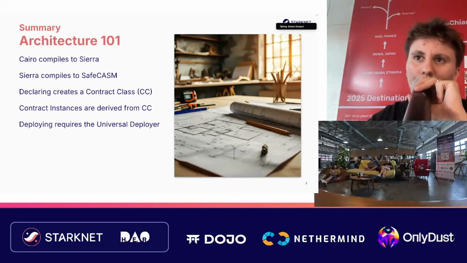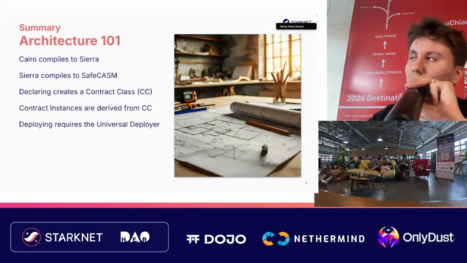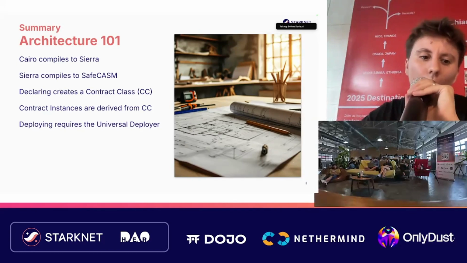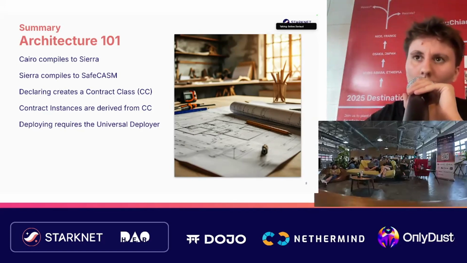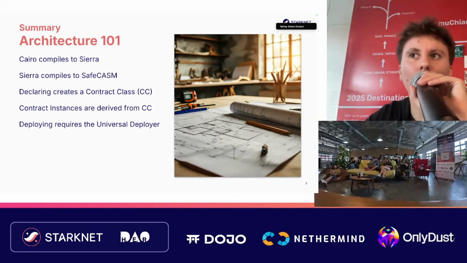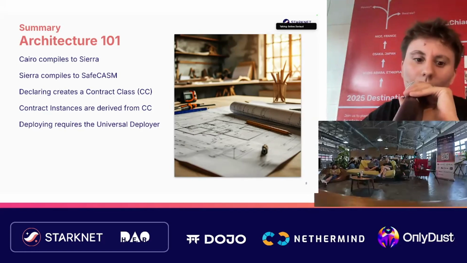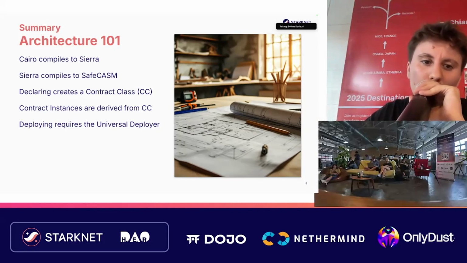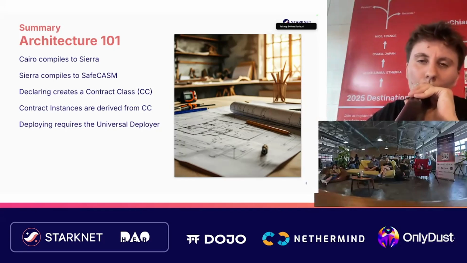At this time you don't have storage; it's really pure code. And you can create a contract instance to have your unique address, derived from the contract class. And for deploying a smart contract, you have to use a universal deployer.